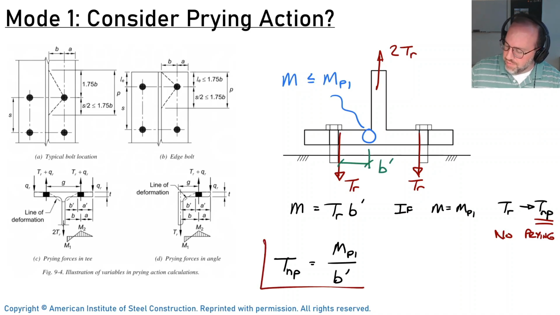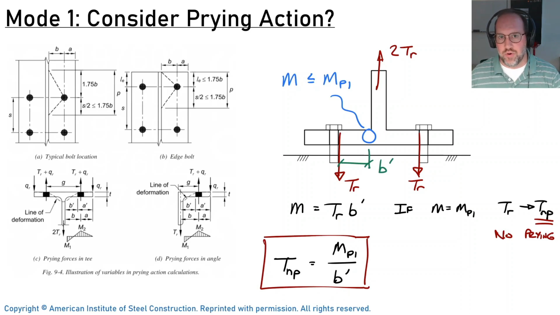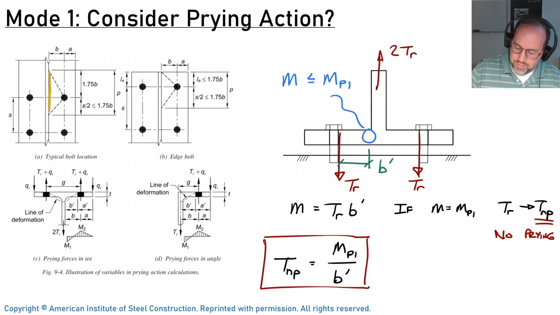So the only other thing that we need is the plastic moment capacity MP1. And so what we're going to do is we're going to look at a tributary width for each of the bolts that we have in this section. So for example, drawn right here, we have a tributary width right there associated with that particular bolt, and it's given the symbol P in this case.